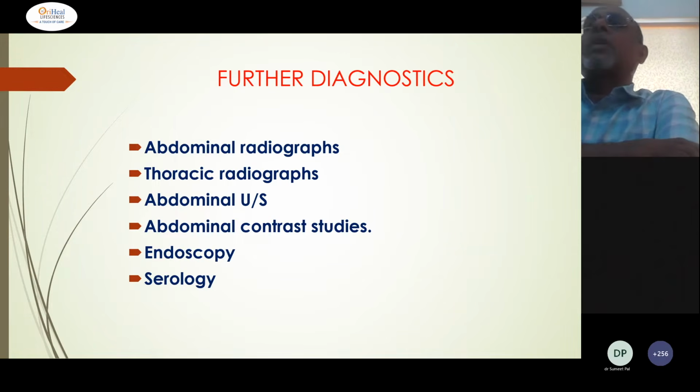Abdominal ultrasound is an excellent diagnostic mode to find out about intestinal disease, minimally invasive or not at all invasive. Then abdominal contrast studies will throw much more light on foreign bodies, intussusceptions, all those diseases. Contrast studies will throw a lot of diagnostic openings.